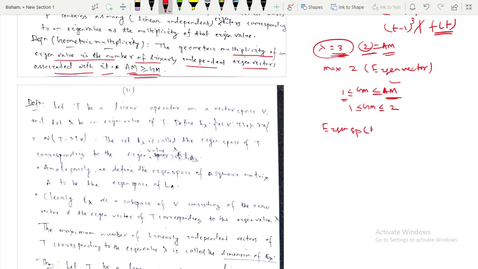Eigenspace for a lambda: suppose a linear operator T, or a linear transformation T, is given, that is, let T be a linear operator on a vector space V. Let lambda be an eigenvalue of T. If lambda is an eigenvalue of T, then define E lambda. E lambda means the eigenspace, or the set of all eigenvectors associated with lambda.